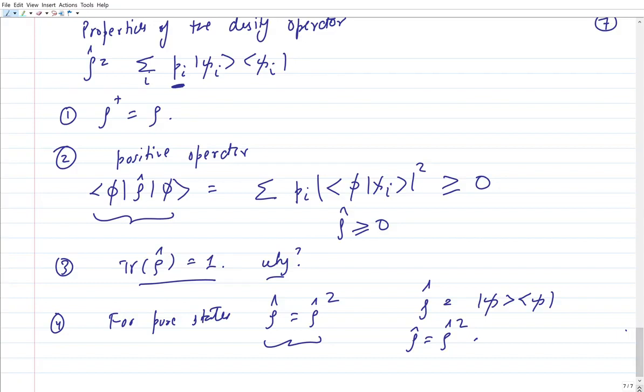Nice to show them yourself. I have assigned a few homework problems on the density matrix, but it turns out that the entire formalism of quantum mechanics, all the postulates, can be expressed in terms of the density matrix. We are briefly going to see that also. See you in the next class.